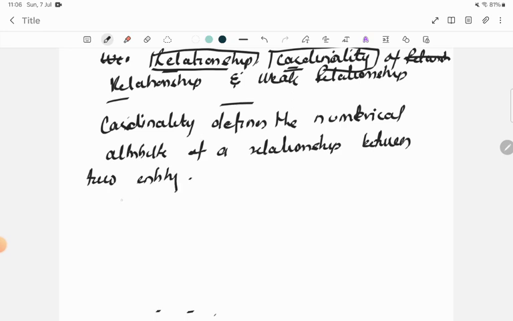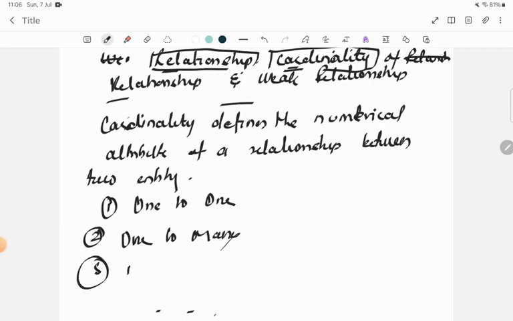There are four types of cardinality in a relationship. First one is 1 to 1, second one is 1 to many, third one is many to many, and fourth one is many to 1.